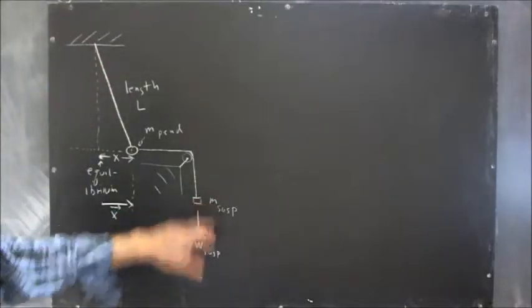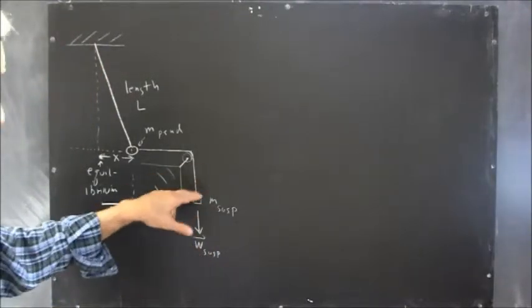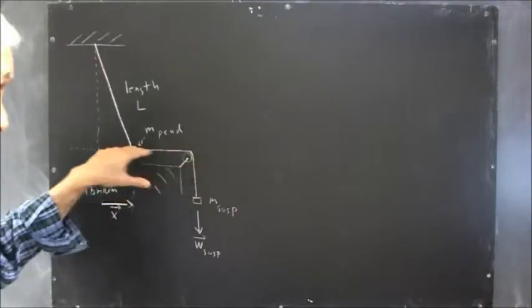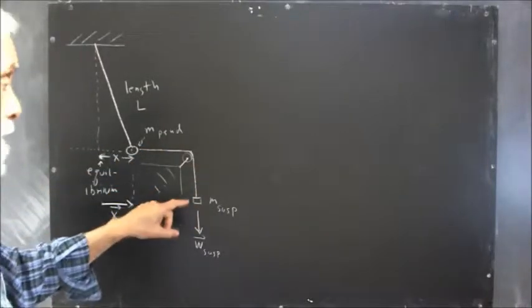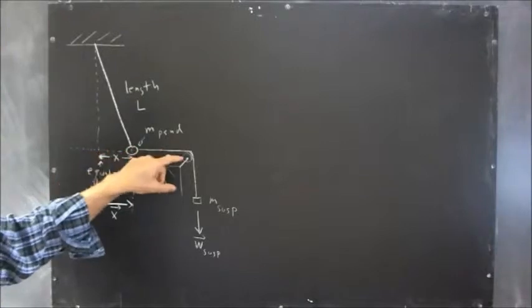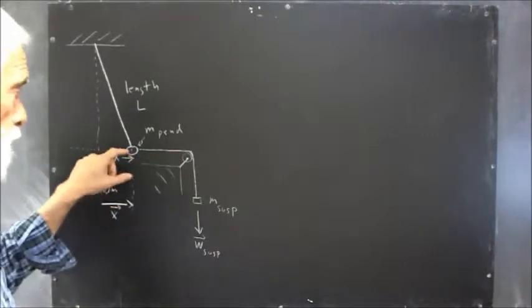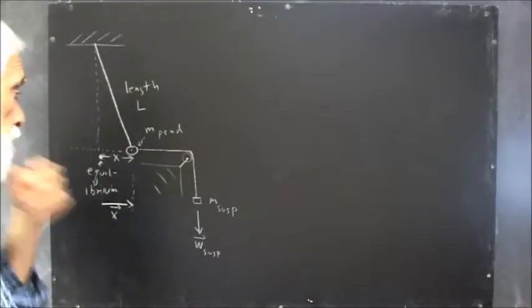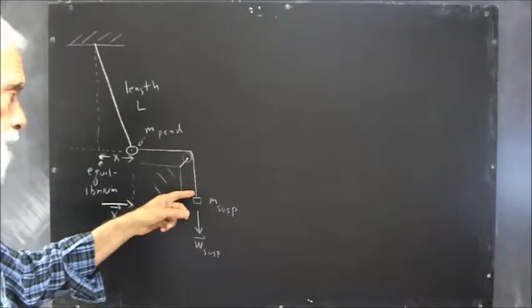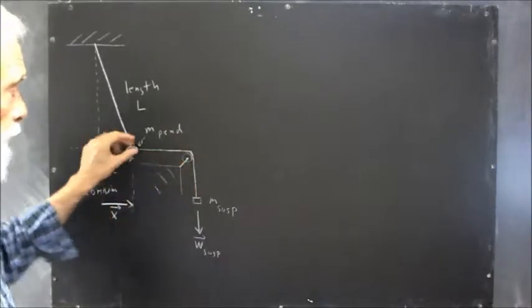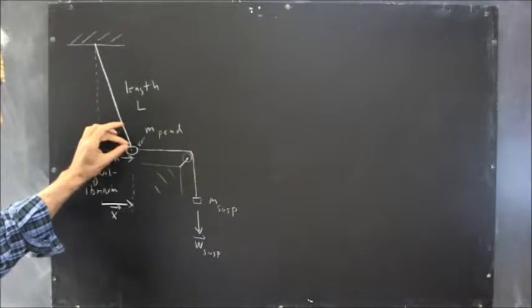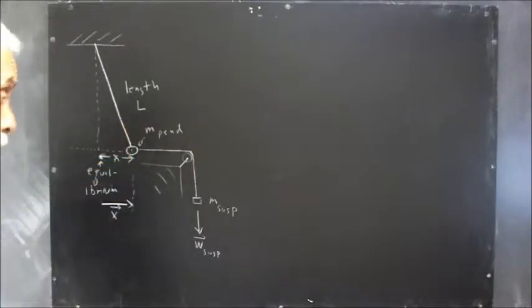The more mass we have here, the more tension we'll have in the string that suspends the mass. That string goes over what we assume to be a light frictionless pulley to the pendulum, and there'll be a tension in the string that pulls the mass up, and the same tension in the other end of the string that pulls the pendulum out this way.